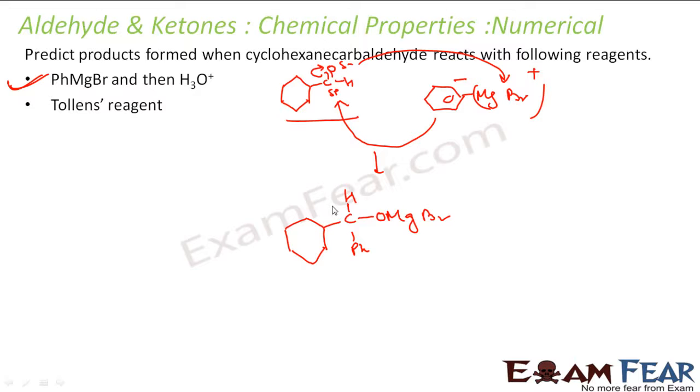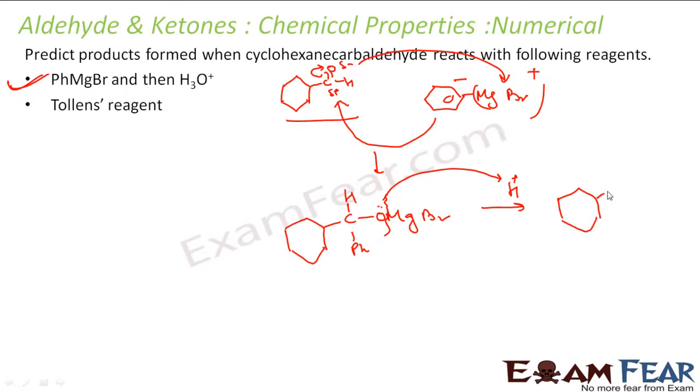Correct? Now when I do hydrolysis, what will happen is this bond will break actually. This bond will break, and this guy will take this H plus. This guy will get a negative charge, and MgBr has a positive charge, so it will react with OH to form MgBrOH.